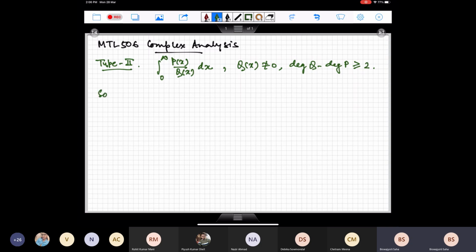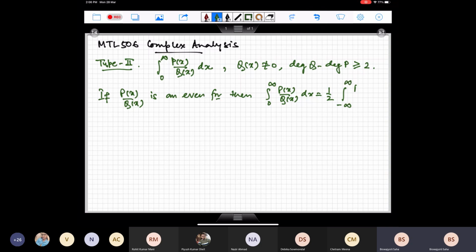So if p(x) upon q(x) is an even function, then I can say that the integral from 0 to infinity of p(x) upon q(x) dx is half of the integral from minus infinity to plus infinity of p(x) upon q(x) dx.